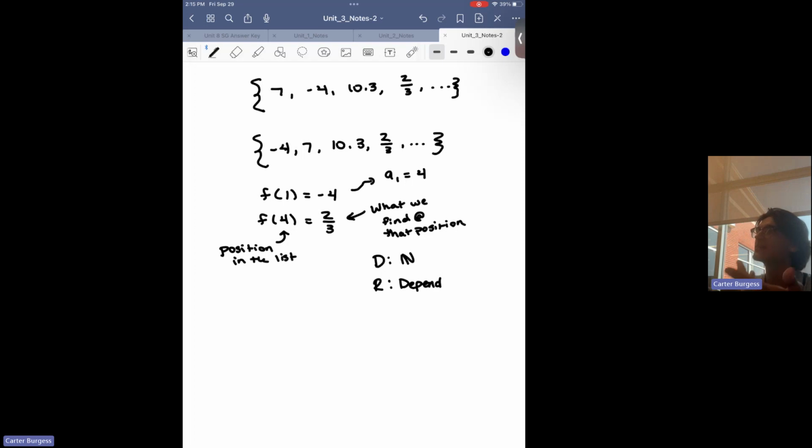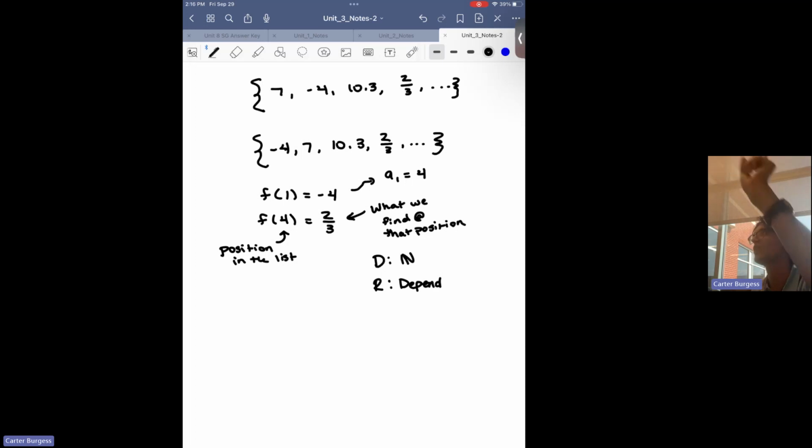Where the index here just tells us where in our list we live. So a sub 1 tells us that we are first in our list. A sub 7 would be that we are the 7th number in our list. A sub 20, the 20th number in our list. That subscript is like the thing that we are inputting. It's that x value, right?